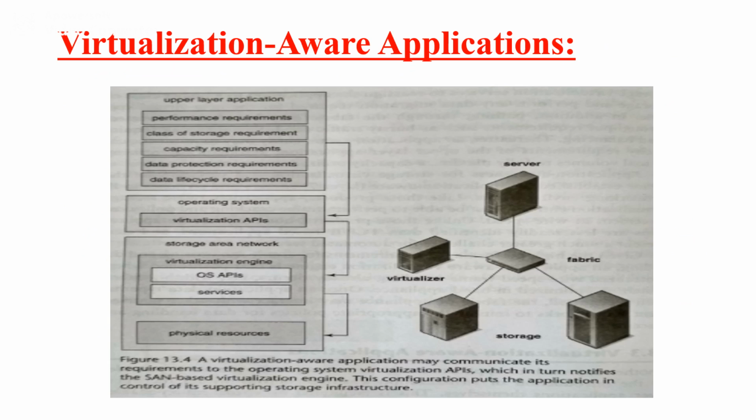We can observe that in the uppermost layer, the upper layer application, we considered different parameters like performance requirement, capacity requirement, data protection requirement, data lifecycle management, followed by a virtualization API. Within the storage area network, we can have a virtualization engine or appliance along with the physical resources.